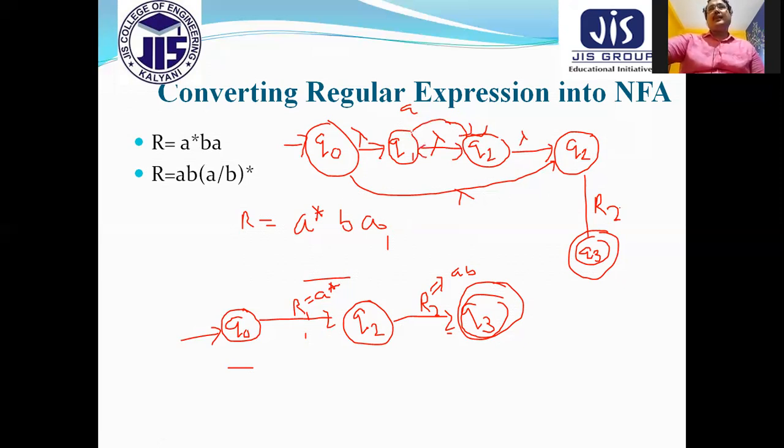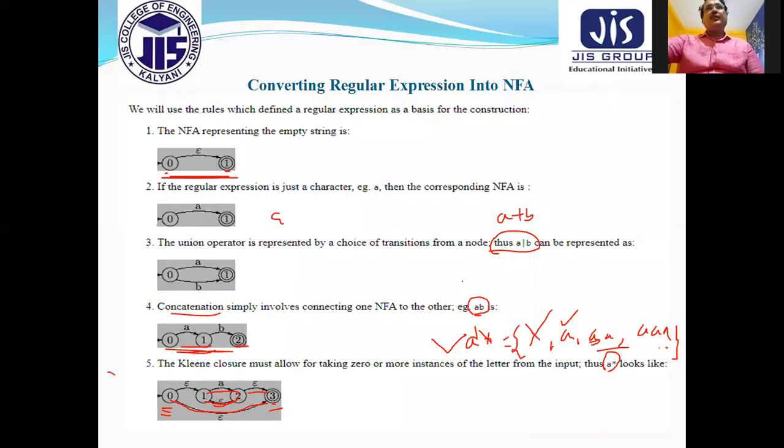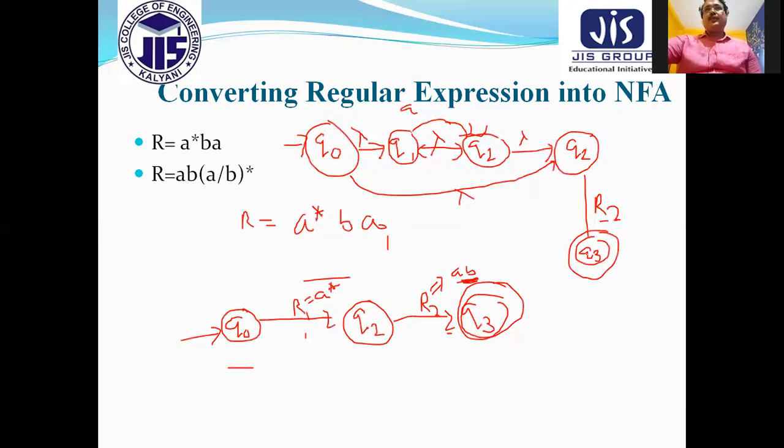Okay. Now here I can see that R2 is A or B. If A or B is present in the diagram there, then how can we solve it? These two will be common, and we can first introduce an intermediate state. Okay. The same thing is applicable here.